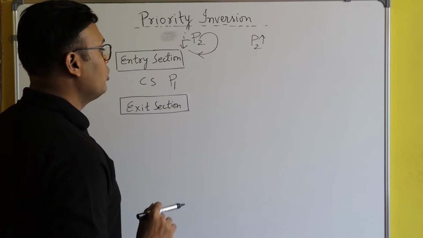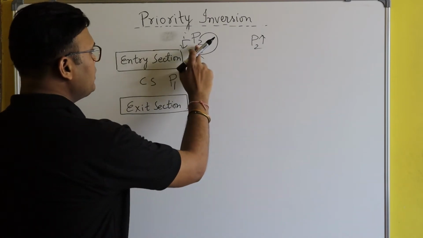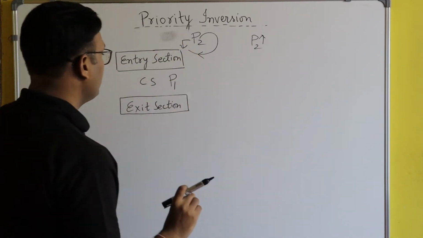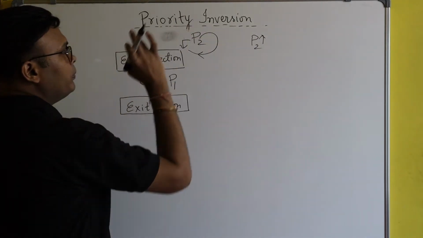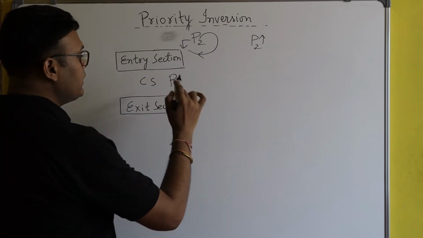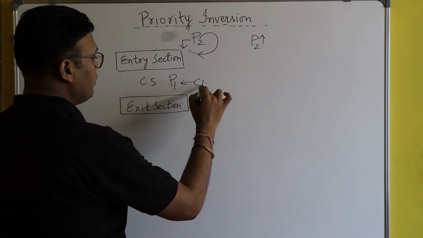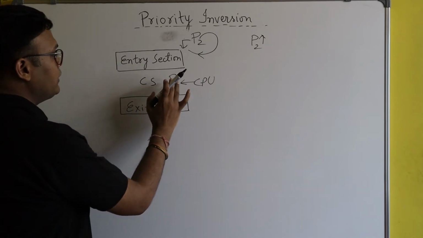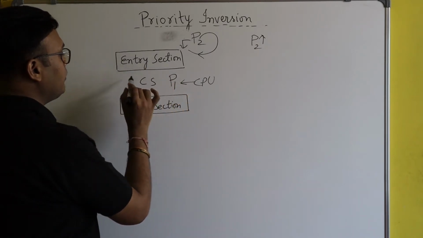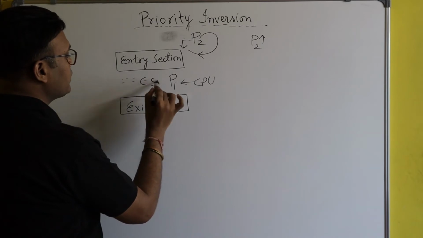So since P2 has the higher priority, the CPU will be given to P2. Initially the CPU is with P1. That's why P1 is inside the critical section executing all the code.